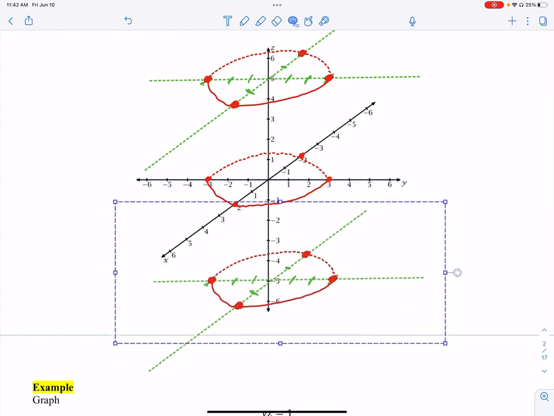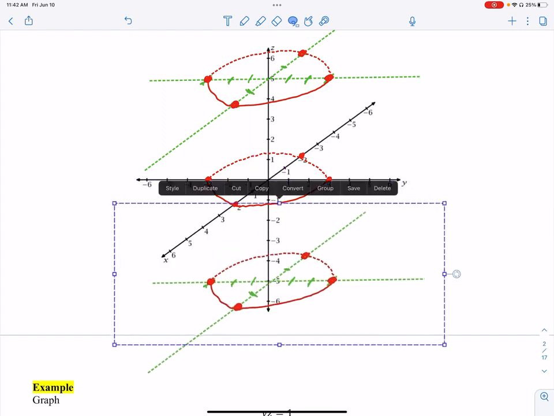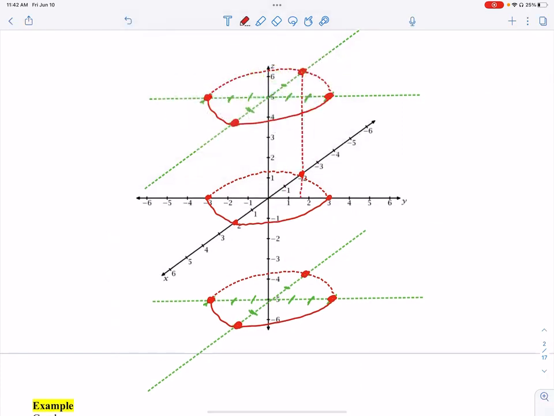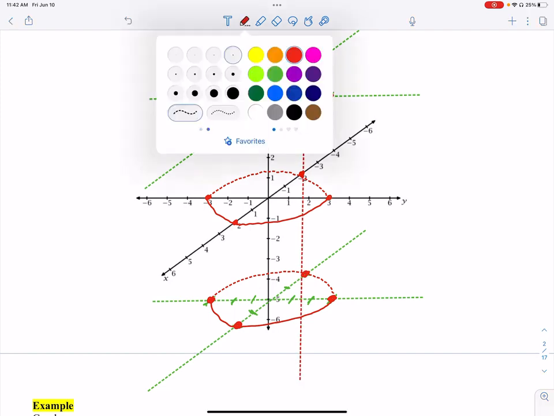There we go. And then you can grab the actual picture. Let me do these back dots here. They're going to be slightly off, but that's okay. We're not trying to draw the best, we're just trying to get an idea.